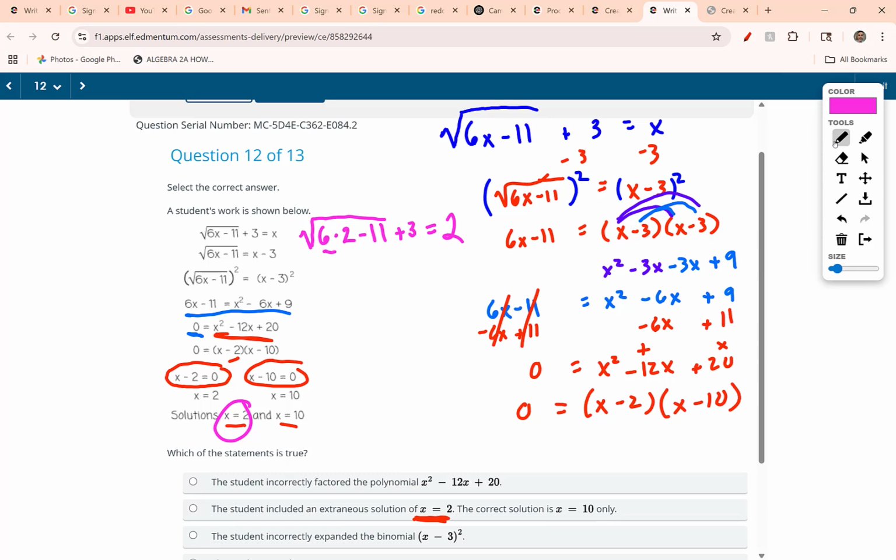Underneath the square root, we have 6 times 2 minus 11. 6 times 2 is 12. 12 minus 11 is 1. So we get the square root of 1 plus 3 equals 2. Square root of 1 is 1. 1 plus 3 is not 2, it's 4. So yeah, 2 does not work. It's an extraneous solution. So this is the mistake that student made.